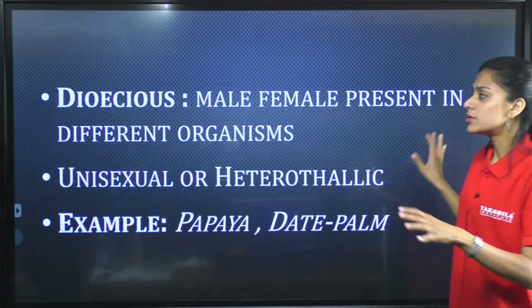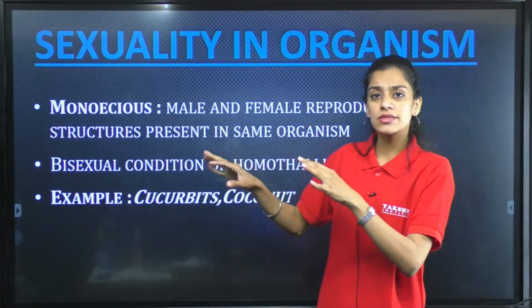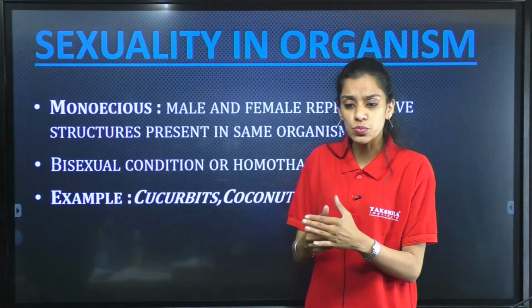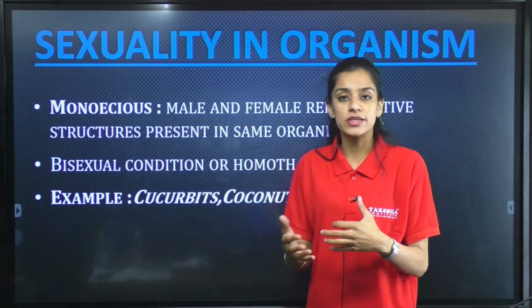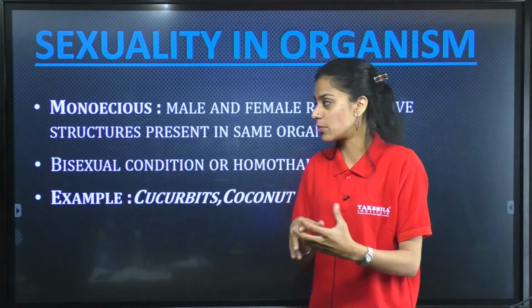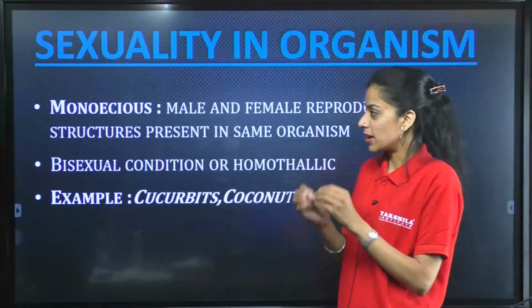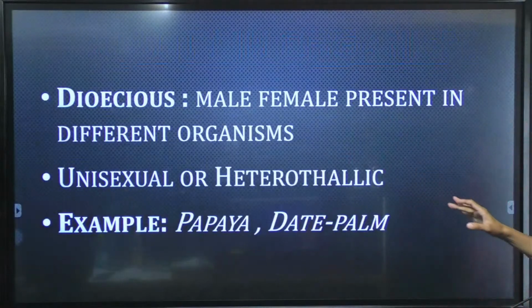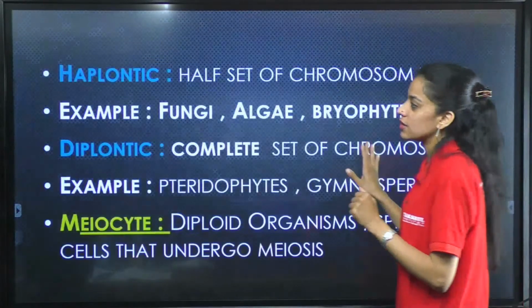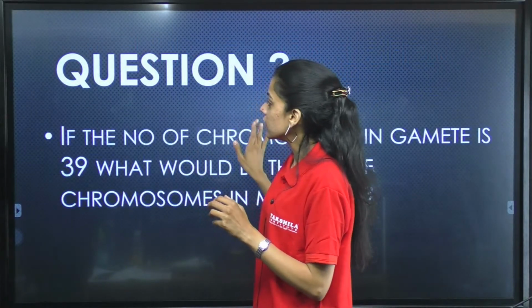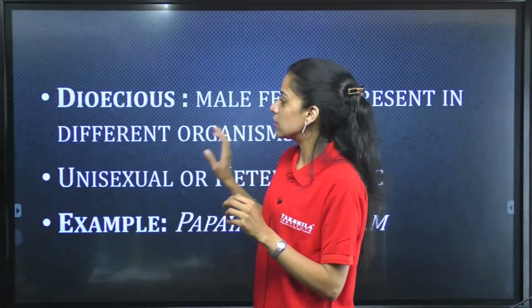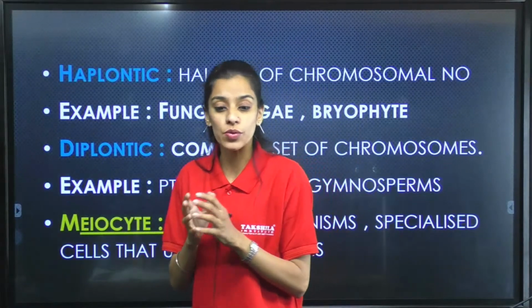Now since we are discussing sexuality, whether it is monoecious, dioecious, unisexual, bisexual, homothallic, heterothallic, a small thing comes up with respect to life cycles. On this basis we have the life cycle of an organism.